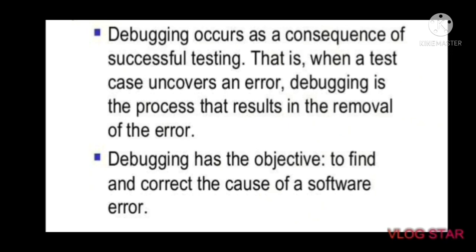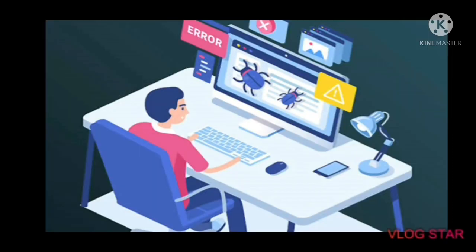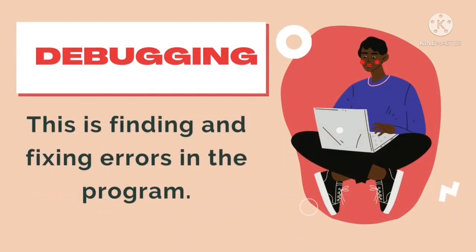So debugging can be defined as finding and fixing an error, or it can be defined as the removal of an error in the program or in the computer. See, my friend here is trying to find and fix the errors in his computer program. So we can say that he is debugging.